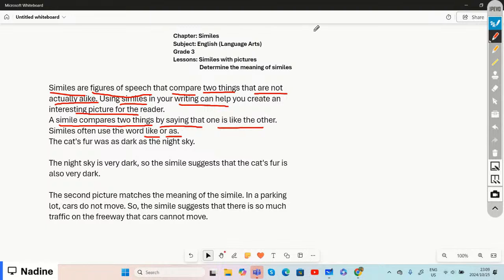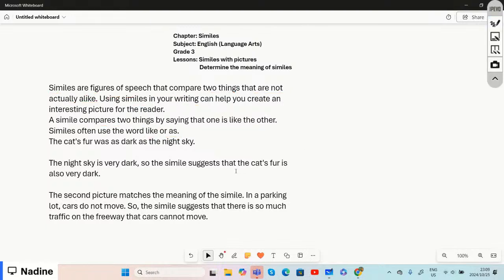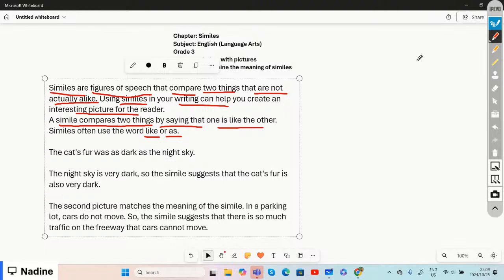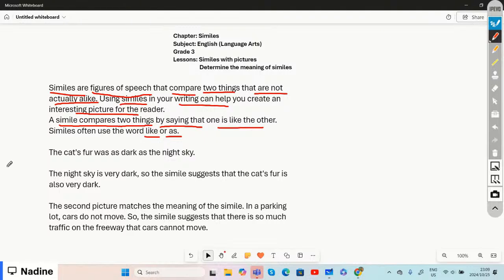If we look at an example: the cat's fur was as dark as the night. So the cat's fur was as dark as the night, right? Which means that we are comparing this cat's fur to how dark the night is.